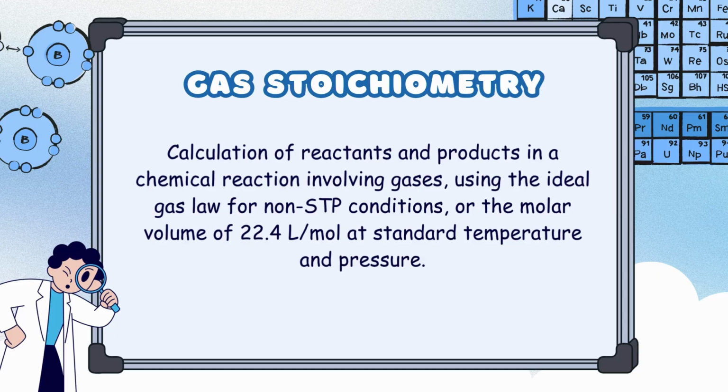Gas stoichiometry is just the same as the stoichiometry that we had back in our first midterms, but of course we are dealing with different values of molar masses or molar ratios that depend on each gas given.